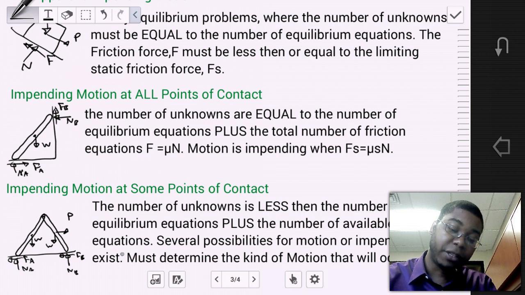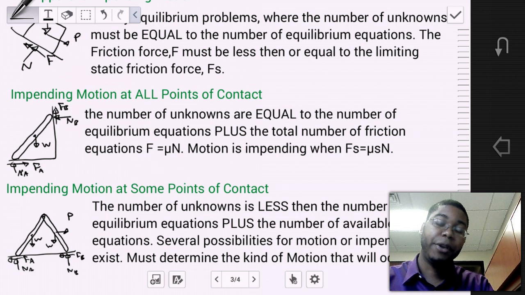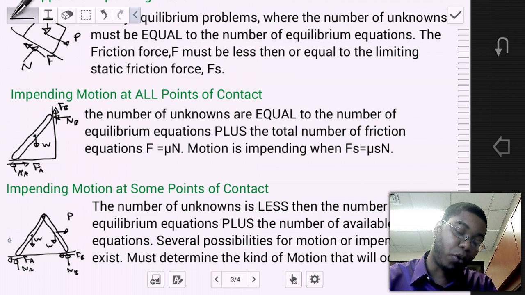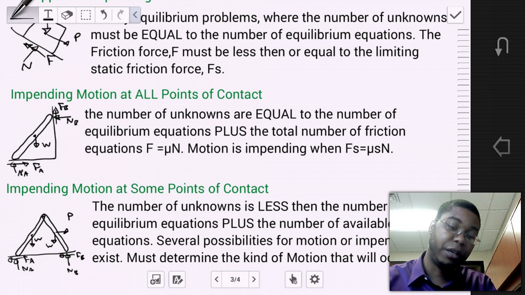In this type of problem, we must determine the kind of motion that will occur. So we have to decide, is point A going to have motion or will point B have motion? And this is a very difficult problem to solve, to try to identify which of these points of interest will violate the limiting static friction and cause kinetic friction to occur, to cause motion to occur.